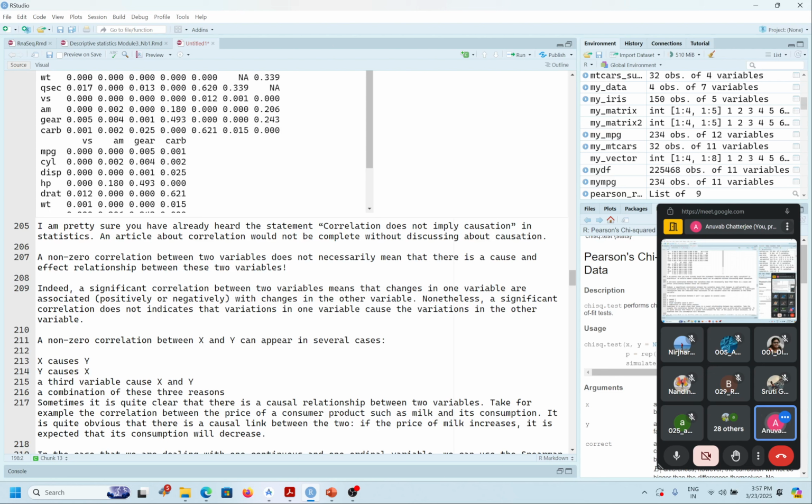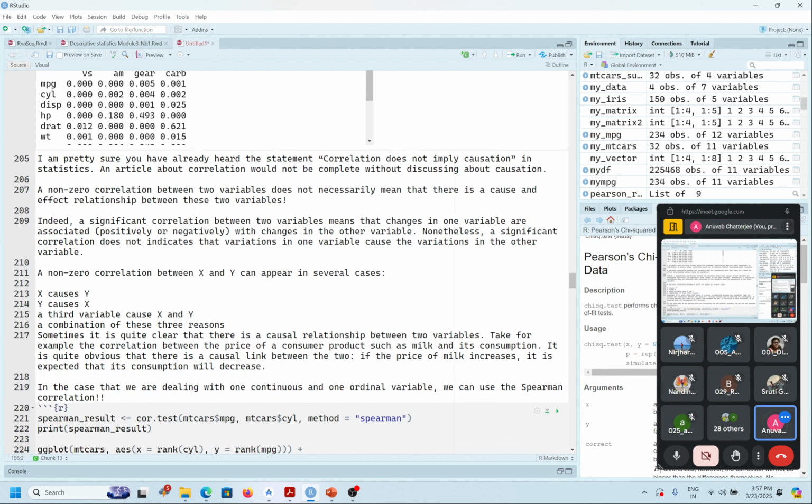But that is not causative, right? Actually your shoe size as well as your class is increasing because your age is increasing as you go along. So correlation gives you an idea if two variables are positively or negatively related. It does not say that because the variable x is increasing, it is causing the variable y to increase.